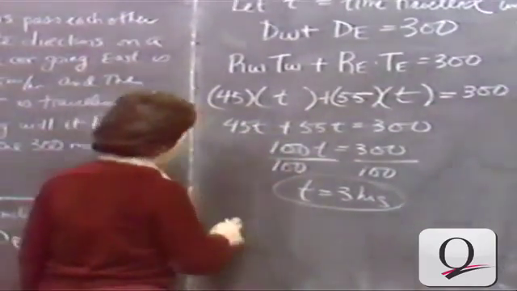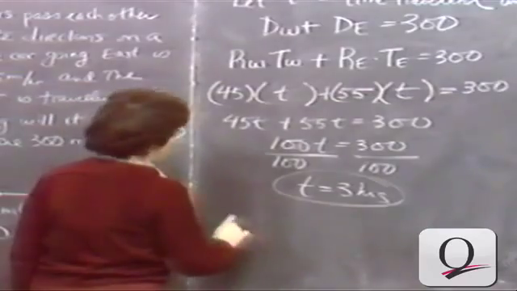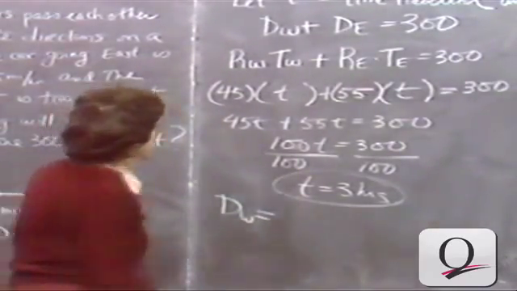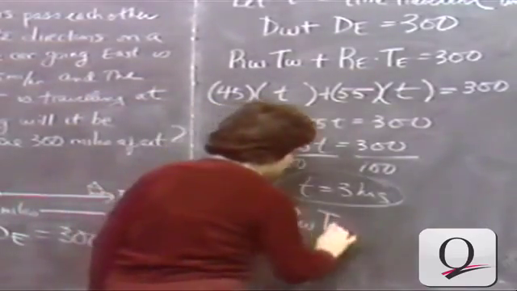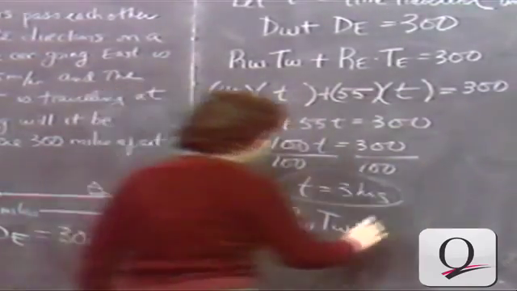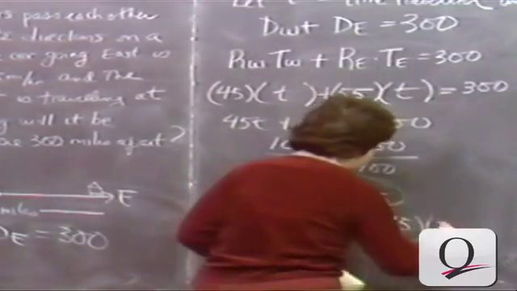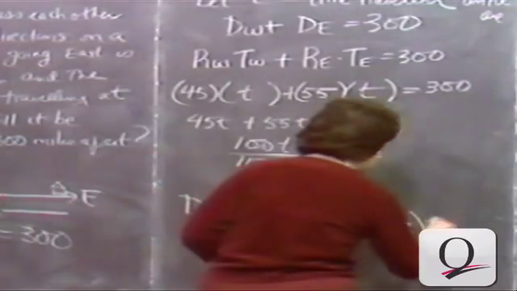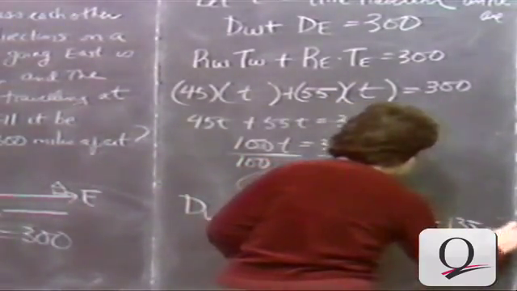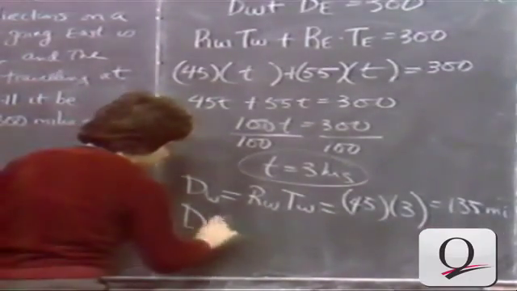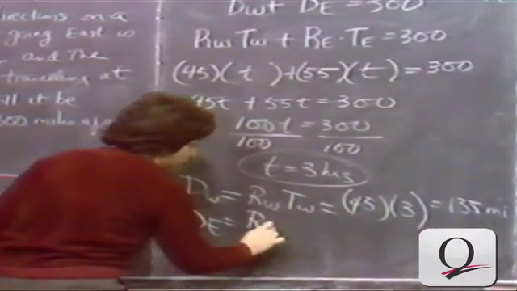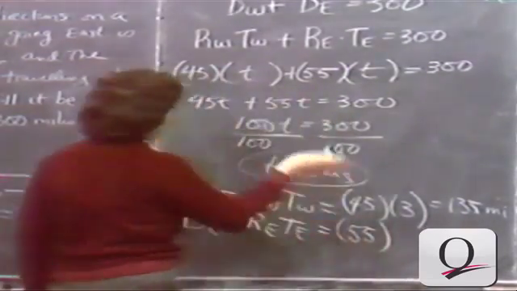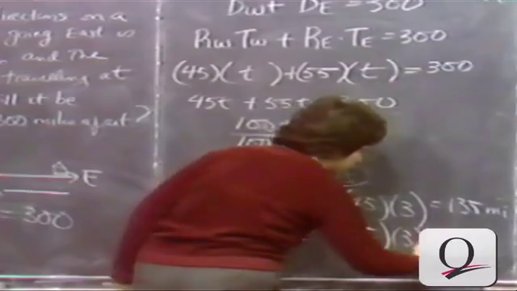Okay, in 3 hours, the distance covered by the car going west is rw tw. He is going 45 miles per hour. For 3 hours, he covers 135 miles. The car going east is traveling at 55 miles per hour, also for the same 3 hours.